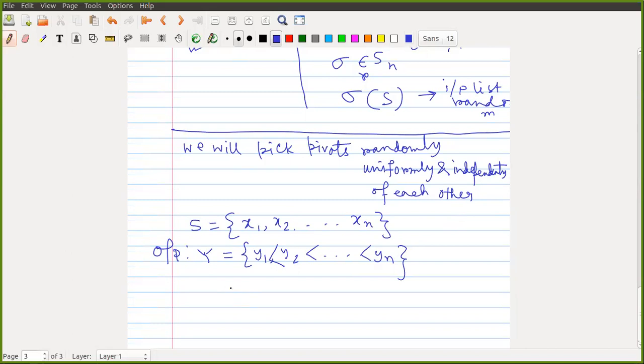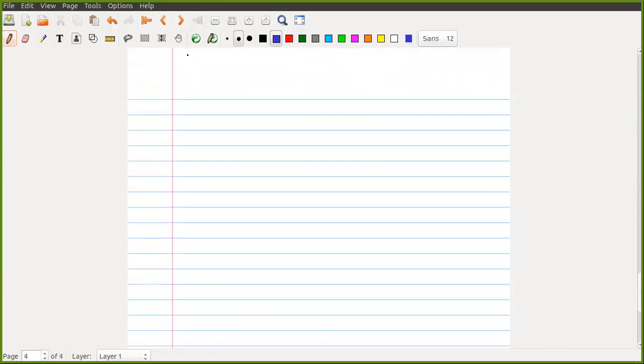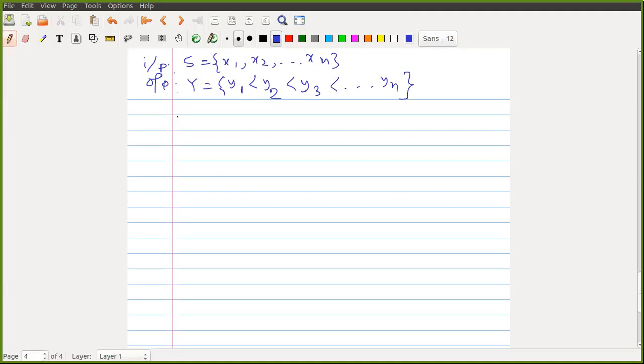Now let us define a random variable. Let's take another page. S is our original list, this is the input. The output would be y, which is y1, y2, y3, up to yn. Let us first define a random variable xij.